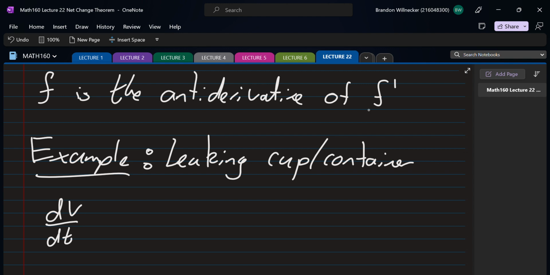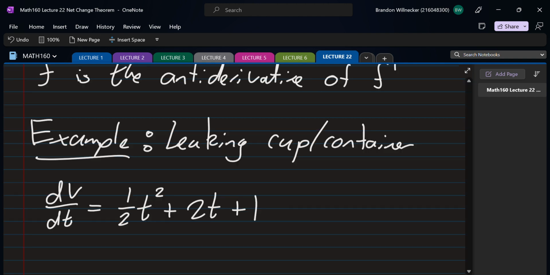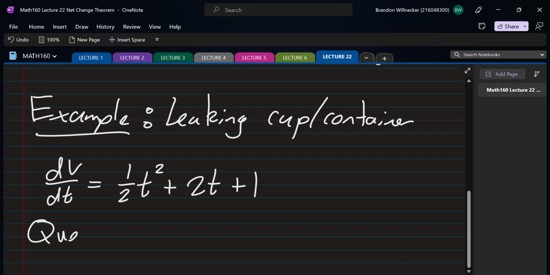So dV by dt is, let's say, 1/2 t squared plus 2t plus 1, something like that. That's the rate of change at which the water is leaving this container. Okay, so we can measure that. We can see how much it is. Now, what we want is to know what is the total amount of water that is lost over a given period of time. We know the rate at which it's leaving. So if we know from T0 to T2, for example, what is the total amount lost? So that's the question we're asking ourselves.